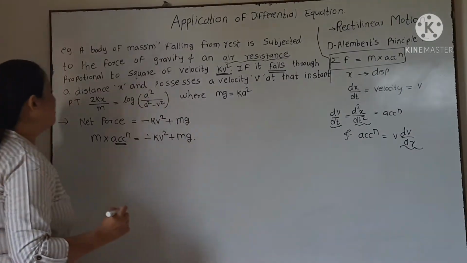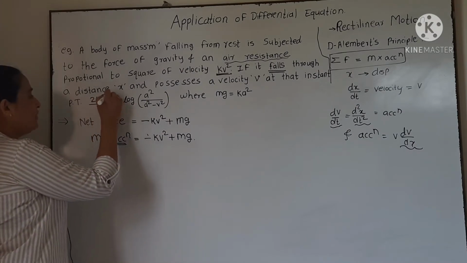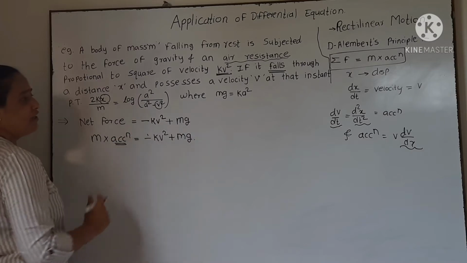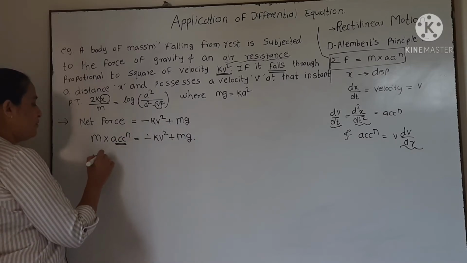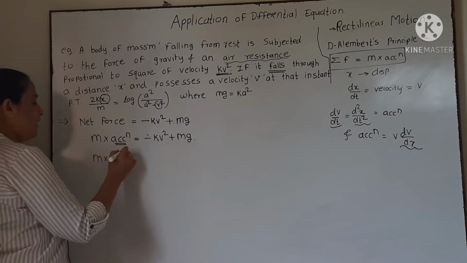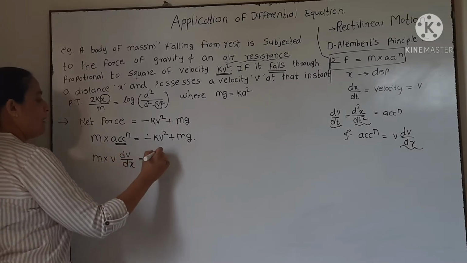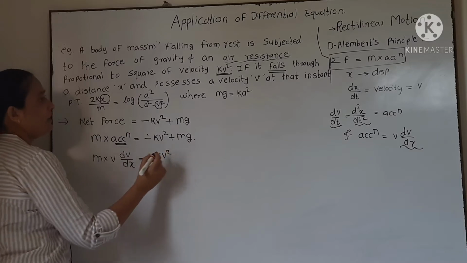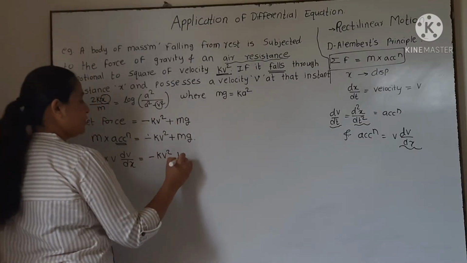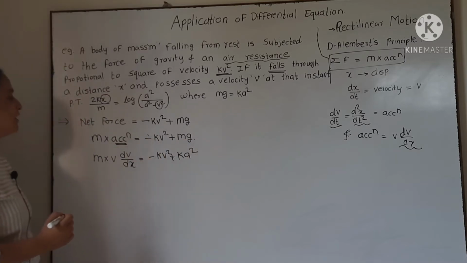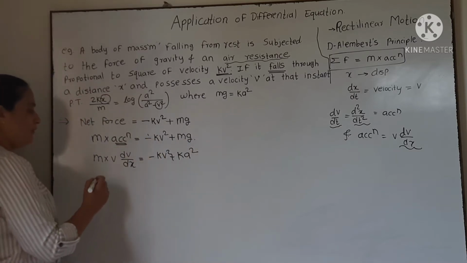Now if you see the example, here we want relation between x and v. So we'll consider acceleration as v into dv by dx, that is mass into v into dv by dx equal to minus kv square. They have given that mg is equal to k square, so I can say plus ka square. We can convert this into variable separable form.